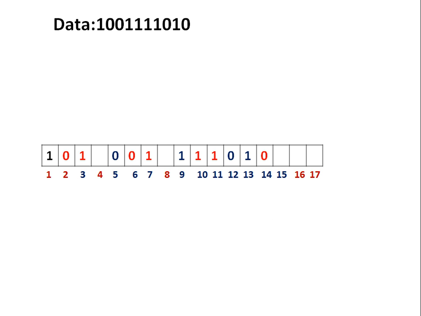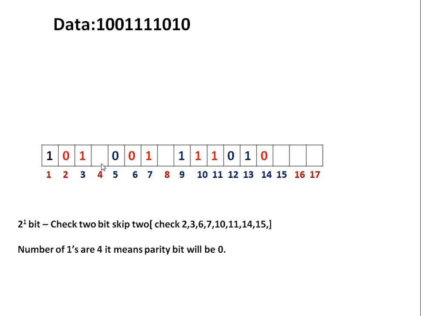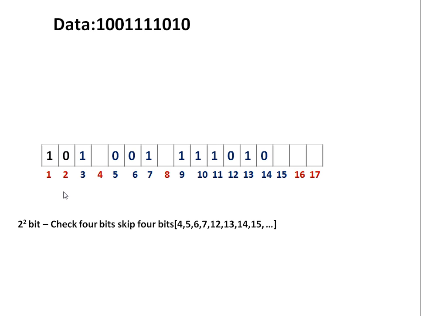Now we will see how the parity for position 4 will be calculated. For 4, which is 2 to the power 2, we consider 4 bits, skip 4 bits, then again consider 4 bits. This rule is applied from the position of the parity bit. So we consider 4 bits, 4 5 6 7, then skip 8 9 10 11.